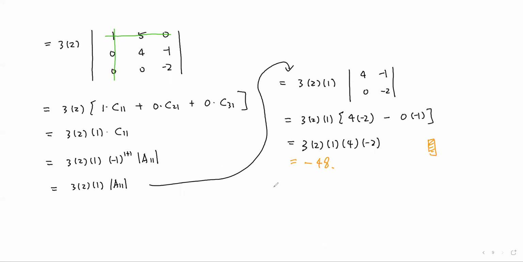Apart from this example, we see that for an upper triangular matrix, the determinant is the product of the main diagonal entries. This is true in general. It is the following.